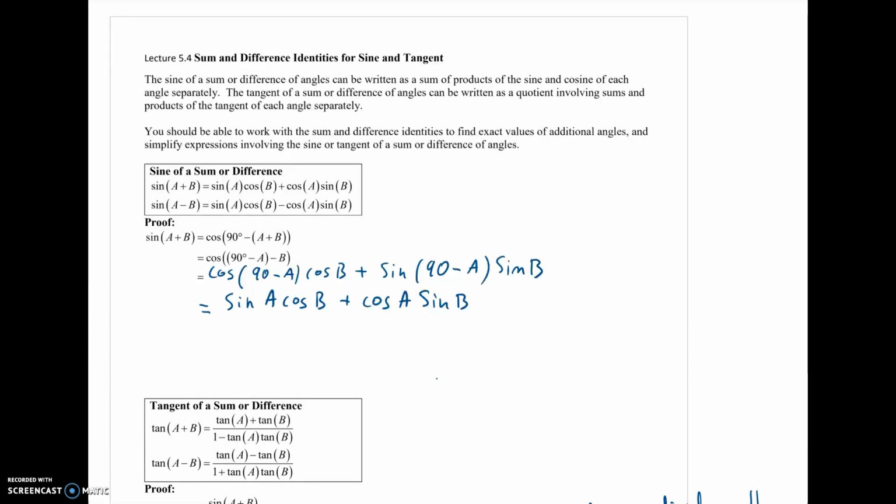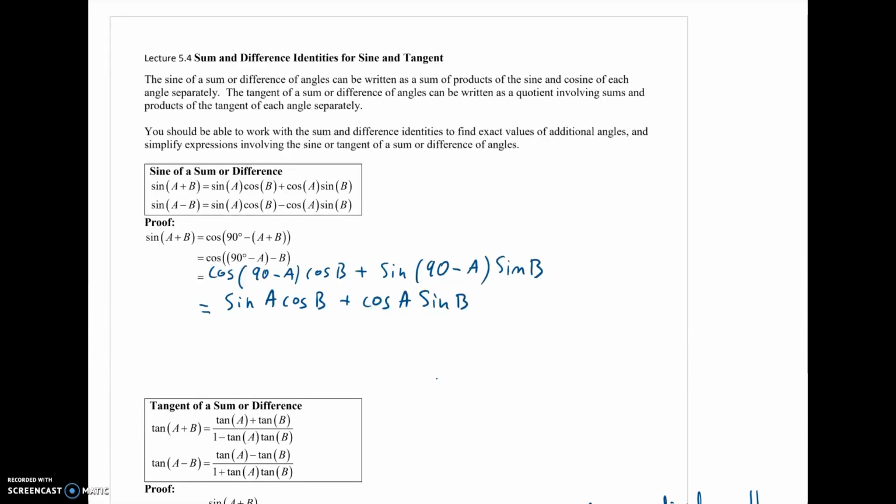So you have two formulas, and let me prove to you that sin(A + B) equals sin A cos B plus cos A sin B. We could do exactly the same for sin(A - B) also. If you look at sin(A + B), you know that's going to be equal to cos(90 - (A + B)).